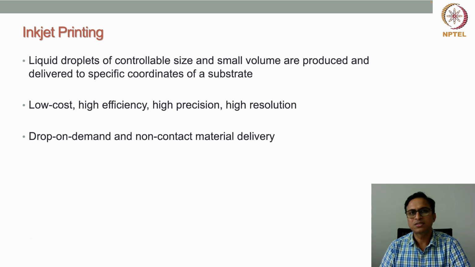And inkjet printing is capable of producing droplets of the order of 1 picoliter. So very fine, very tiny droplets can be produced, and the resolution of this printing technology is very high, because we can produce these very tiny droplets and then deliver them at certain coordinates of a printing substrate or printing stage.